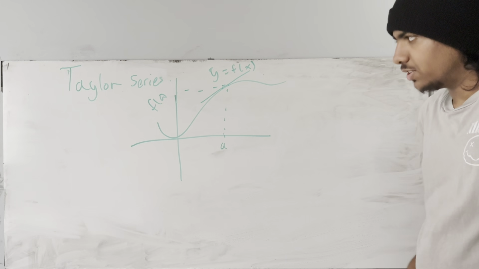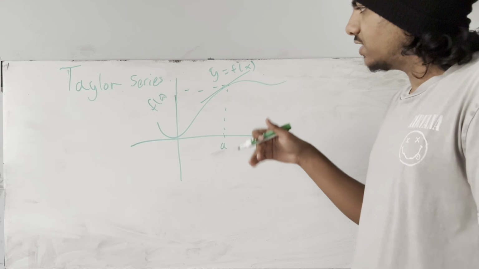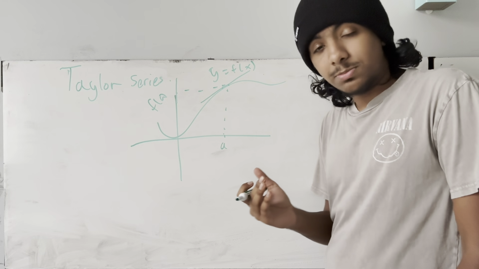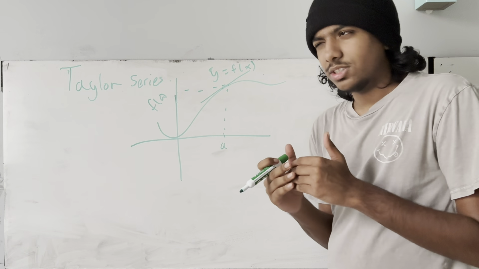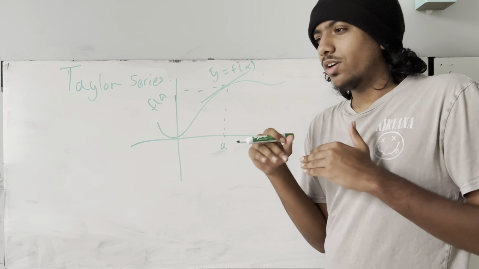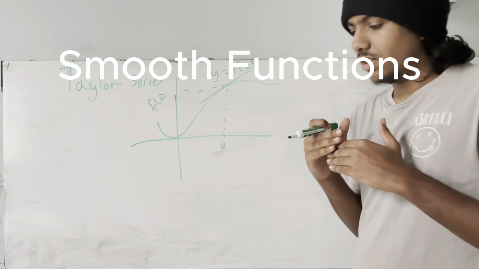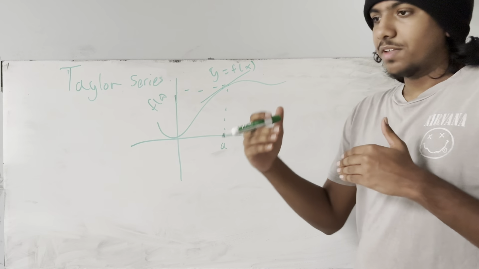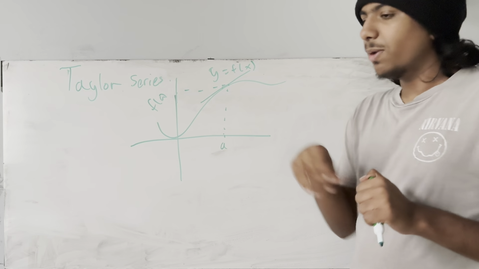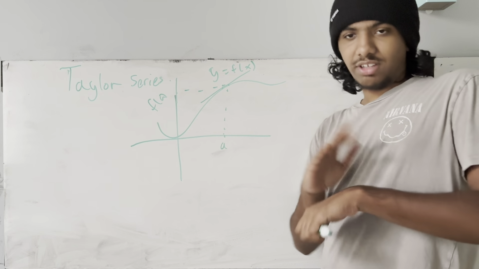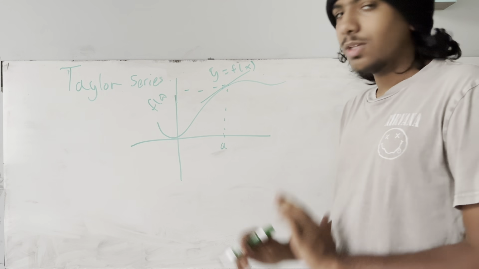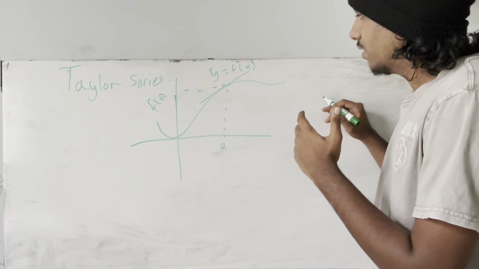The first step is to find the slope, and let's say that f of x is a differentiable function. I forgot the specific name for functions that are differentiable an infinite amount of times. Basically it means that no matter how much you differentiate it, it's always defined at a. So no weird stuff, okay? Just a simple old function, basically.